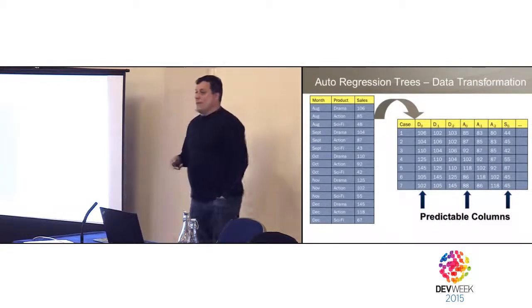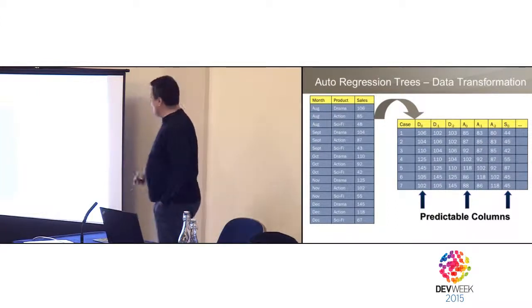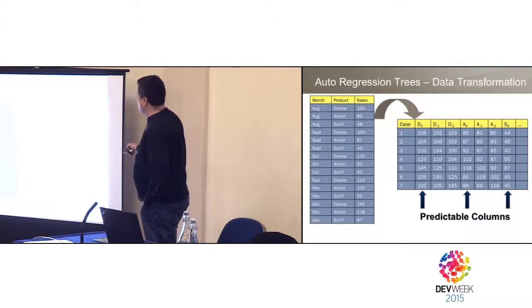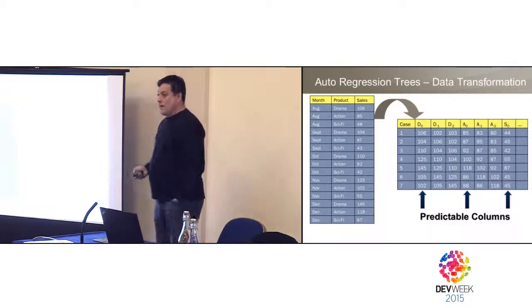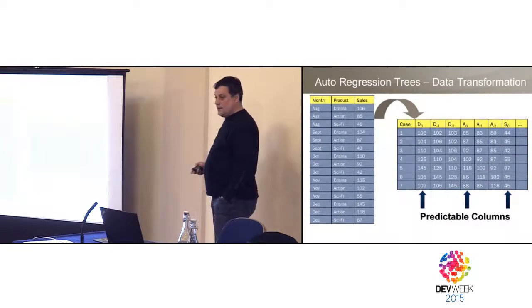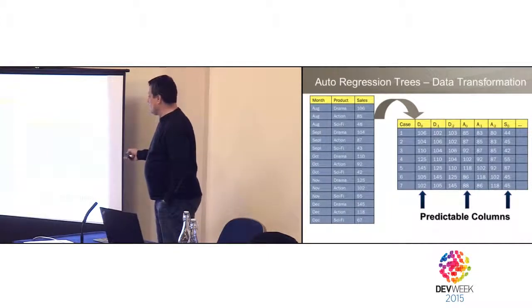Now, how do you prepare data for auto-regression trees when you have a regular data set like movie sales, drama movies in August, action in August, science fiction in August? So you kind of pivot this, right? So you define the last time point as time point 0 for drama, and time point 0 for action, and time point 0 for science fiction.